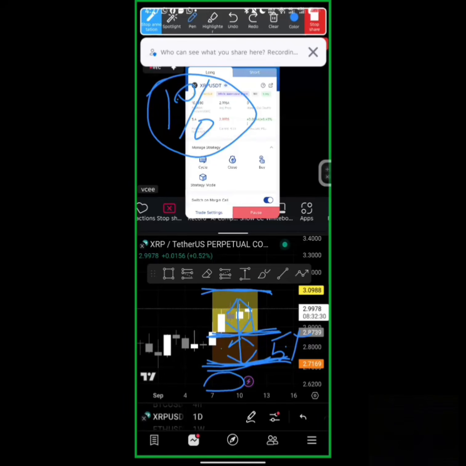There's a lot of things for you to learn in this crypto game: how to maximize your profits, how to read the chart, how to use TradingView. But please, this risk management class, you need it like we need air to breathe.